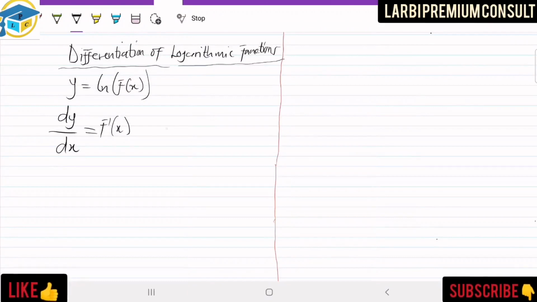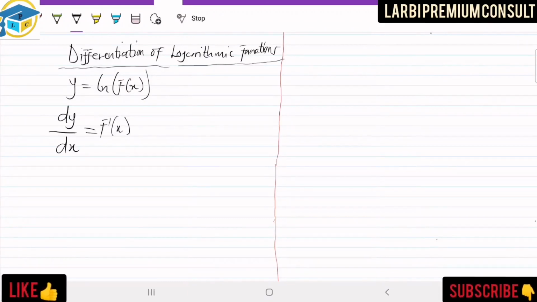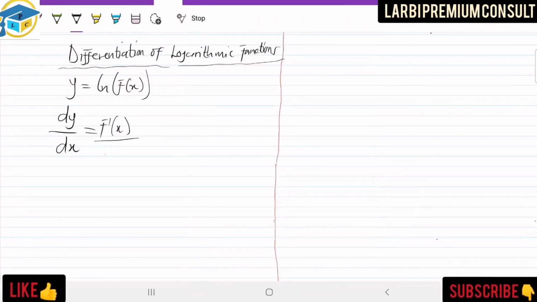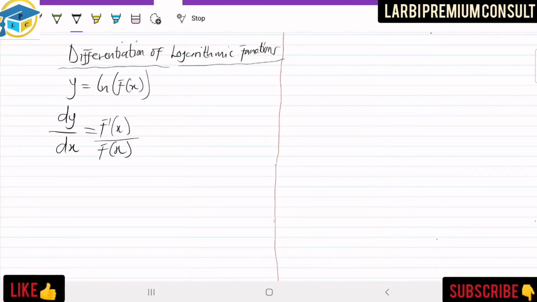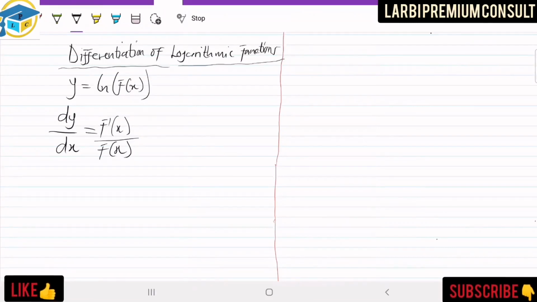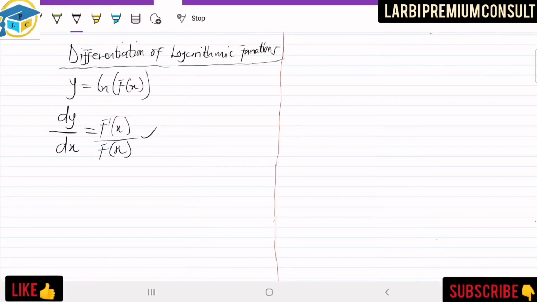After finding f prime of x, I'm differentiating f of x. Now divide by the same function that was given in the question, f of x. At the same time, the logarithm symbol is removed, and that is going to be your dy over dx for a logarithm function.